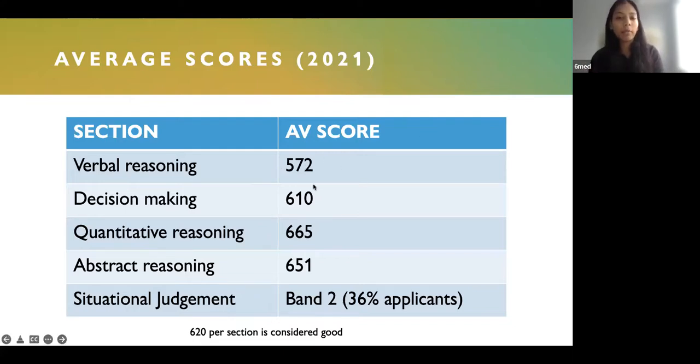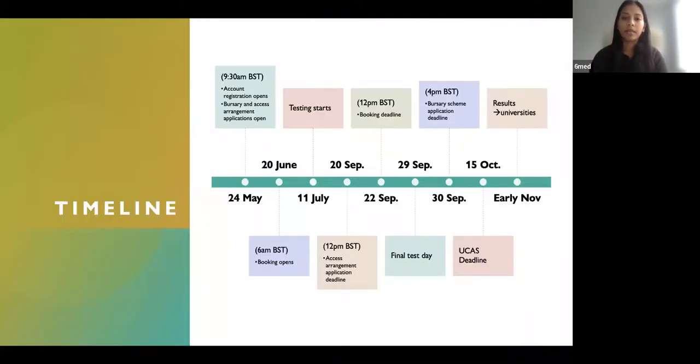But again, the more practice you do, the better you get at verbal reasoning. The highest scoring is usually quantitative reasoning, and the trend has been the same in previous years. For situational judgment, most students tend to score band 2. I've written at the bottom here that scoring about 620 on average per section is considered pretty good. So that should be your mark to go off of.